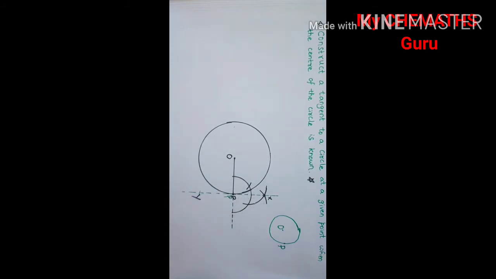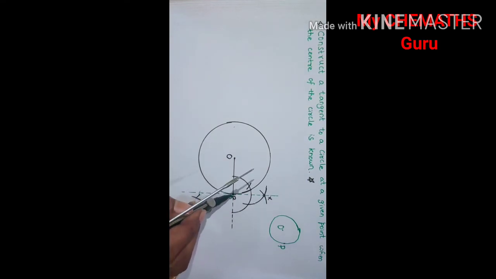Understood. Now here I have one question. Can you draw one more tangent through this point P? No, we cannot draw, because the perpendicular line through a given point is unique.